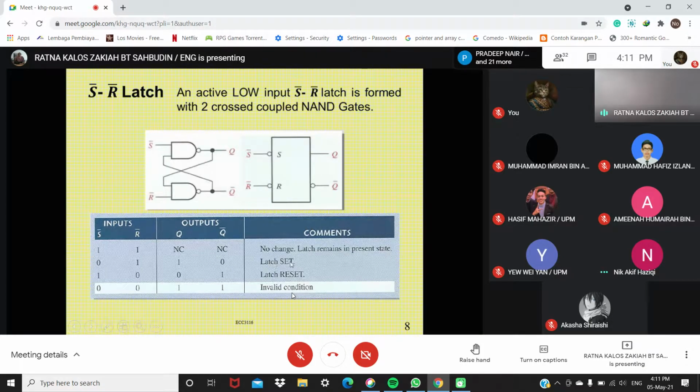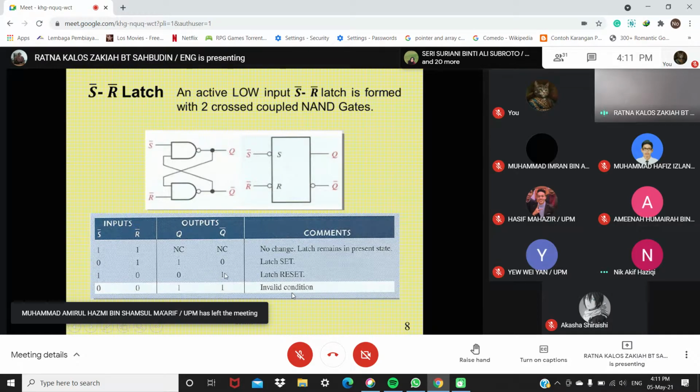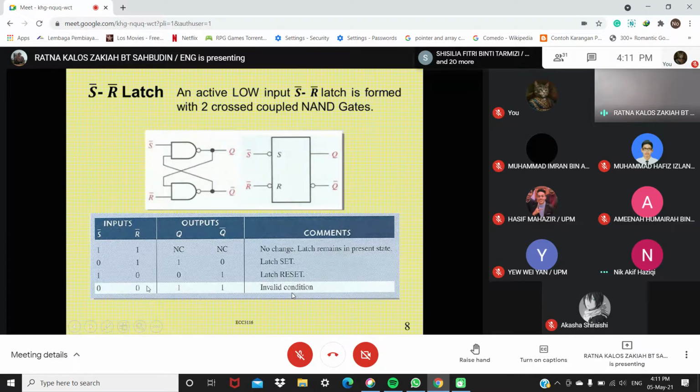This is when the latch is set. When S bar is 1, R bar is 0, so Q is 0, Q bar is 1. This is when the latch is reset. When both are 0, you can see here, you get the output of both 1. So this is an invalid condition.